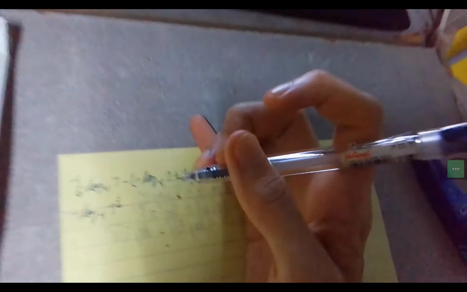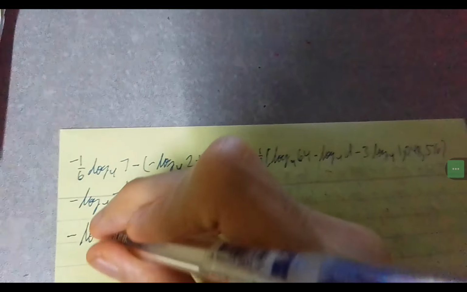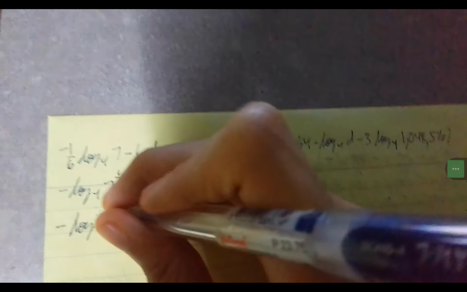And then plus 1/3 times log base 4 of 64, minus log base 4 of d, minus 3 times log base 4 of 1,048,576. Yan. Now, let's work this out.